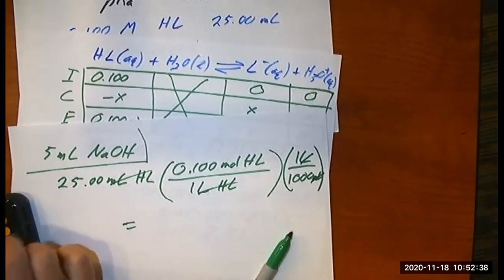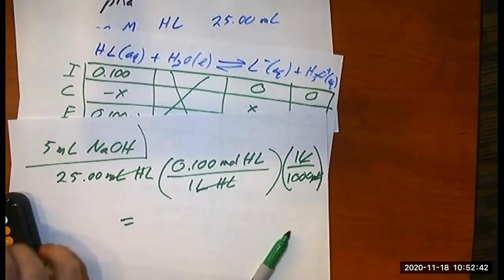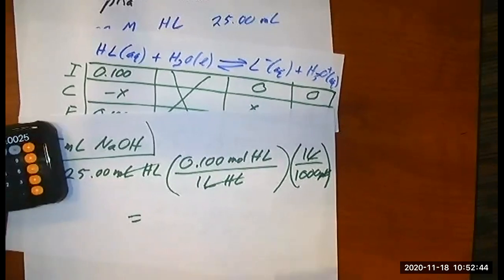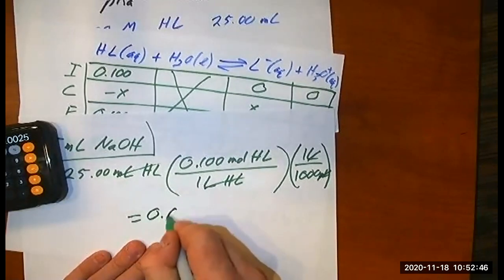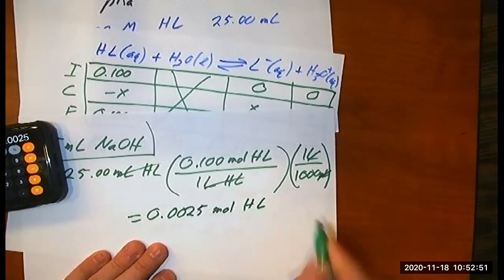So 25 times 0.1 divided by 1,000 is 0.0025 moles of lactic acid.